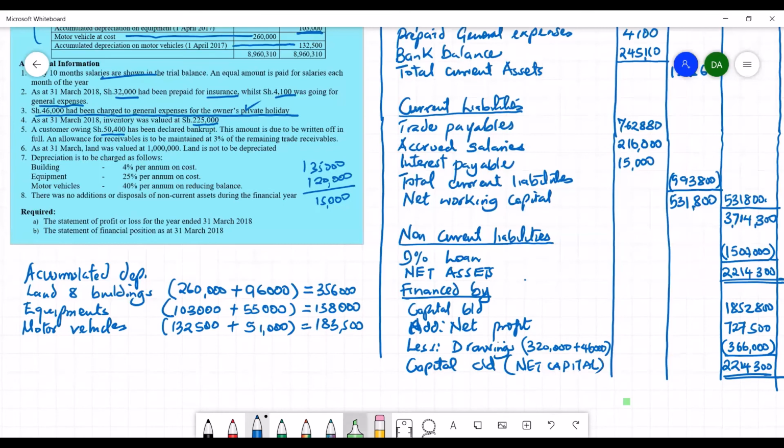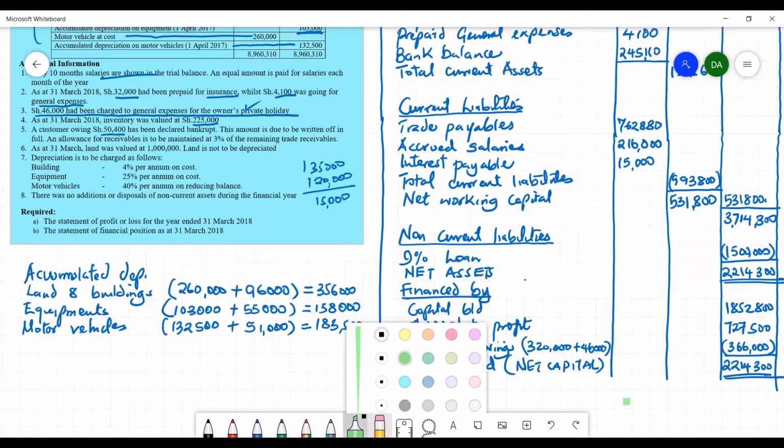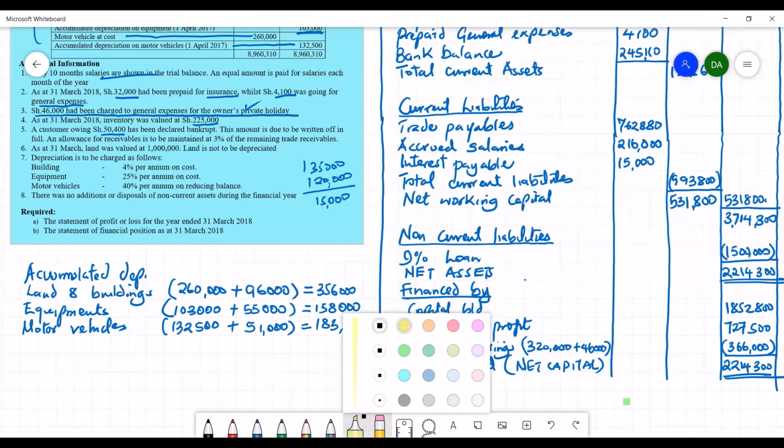That therefore means that they are equal. We have been able to balance the statement of financial position.